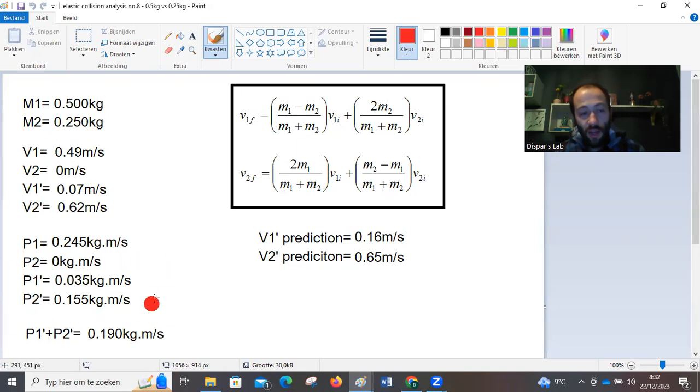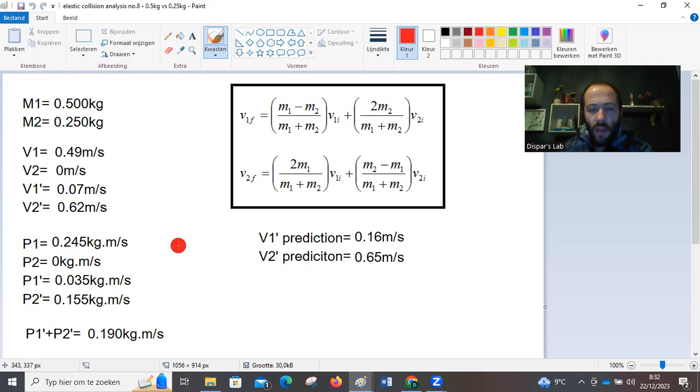If you add these together, you only get 0.190, and the initial momentum was 0.245. Again, I blame friction, because the blue cart lost a lot of velocity since it has to travel so much distance to enter the second photogate.